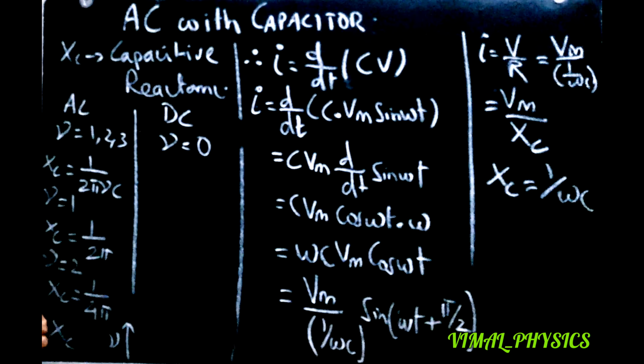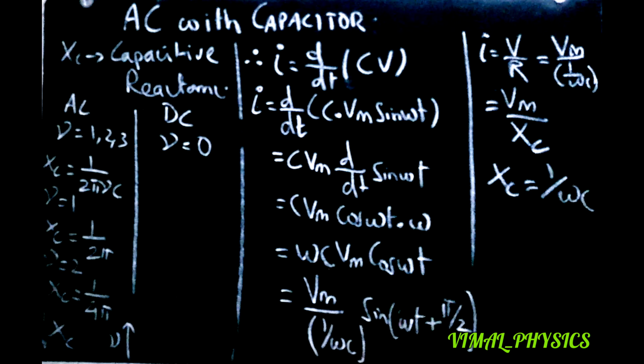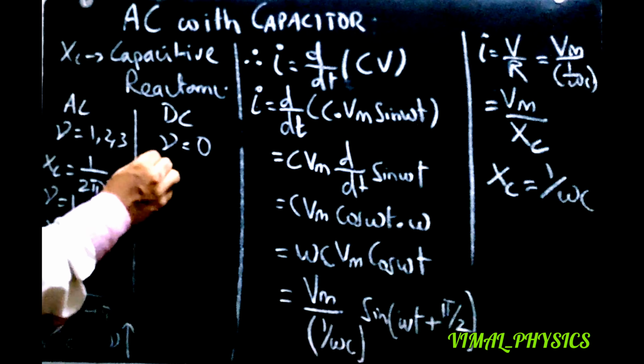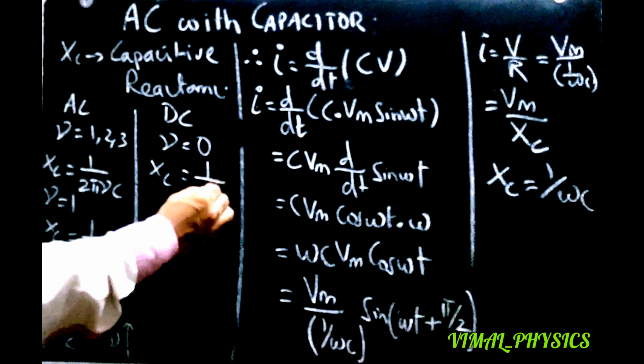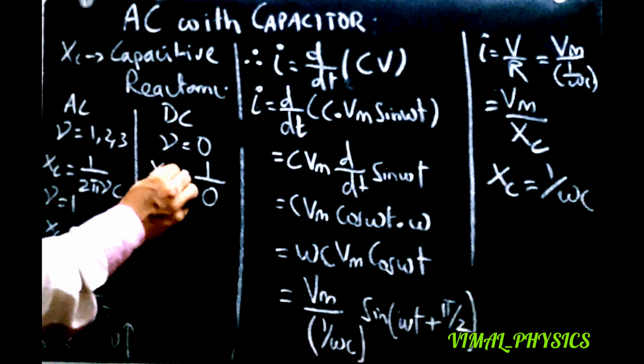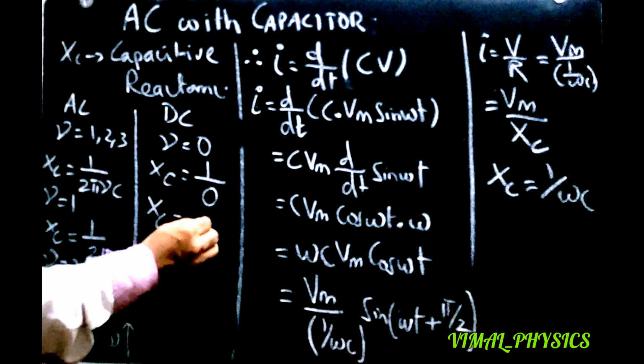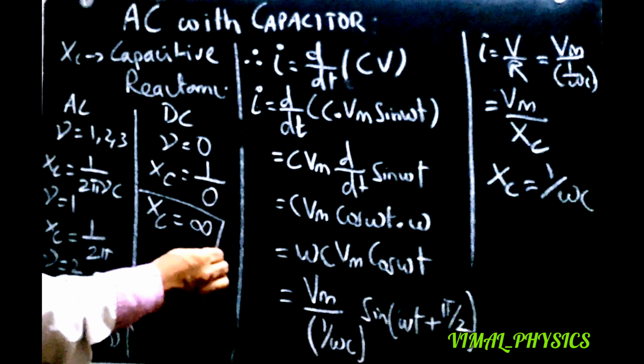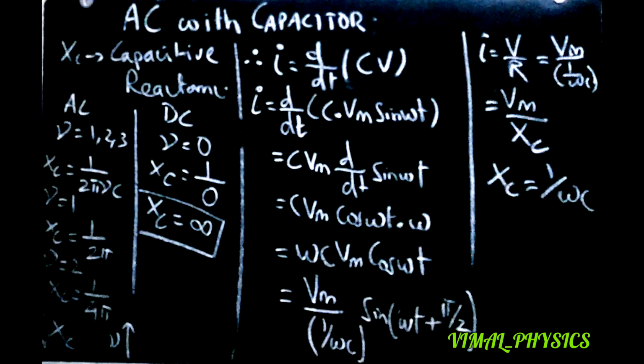So, as the frequency increases, the capacitive reactance decreases. But in the case of DC current, it is 1 by 0, so the capacitive reactance becomes infinity.